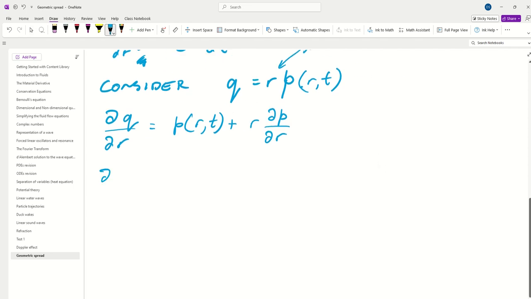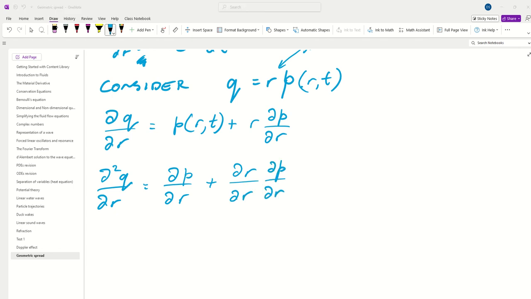Now, because we want the second derivative of this, we've got to do it again. That one becomes easy. We've still got to use the product rule here. Right, dr is just 1, so we can get rid of that. Then we've got r d squared p dr squared.